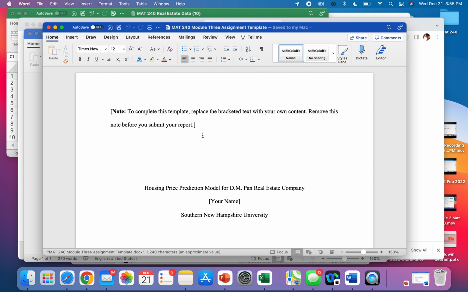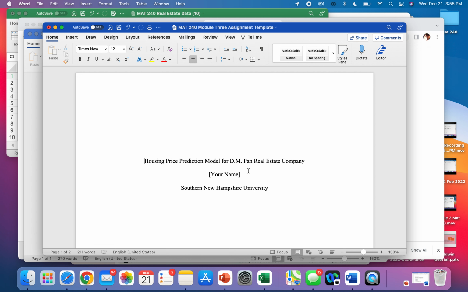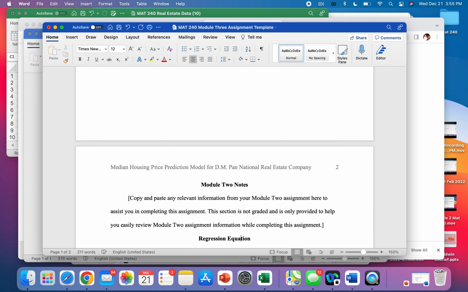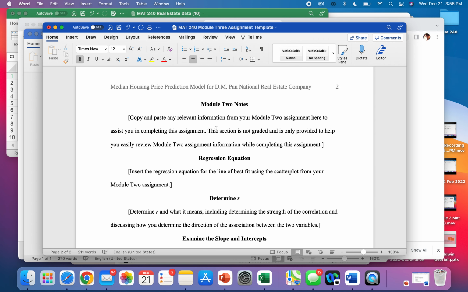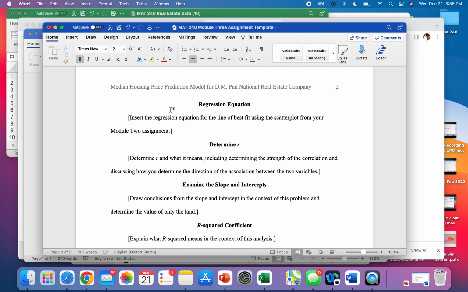Remember we're going to delete brackets, and we're going to type in our name. You can type in your Module 2 notes here. It's not required. If you don't want to do that, you can just hit delete.